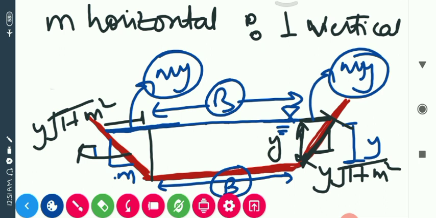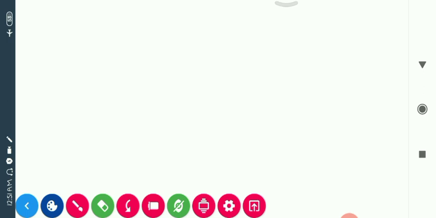Okay, so we have analyzed the dimensions of the trapezoidal channel. Let's move again and analyze the most efficient channel.